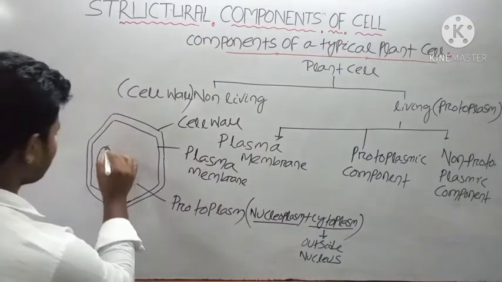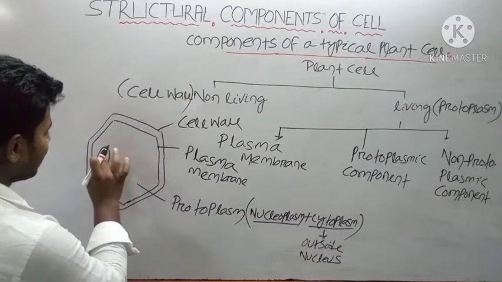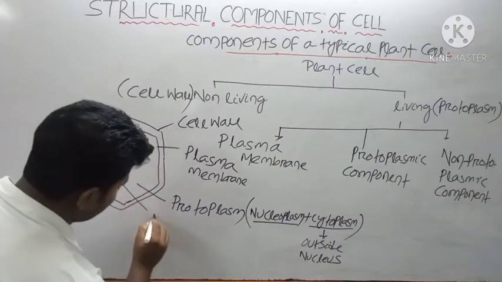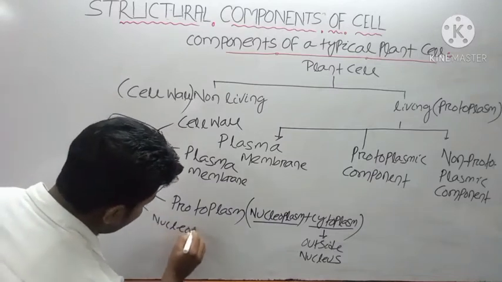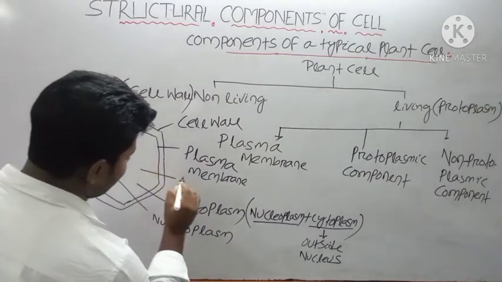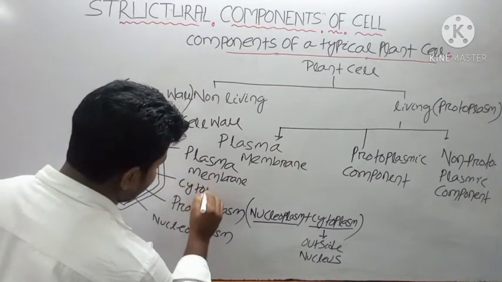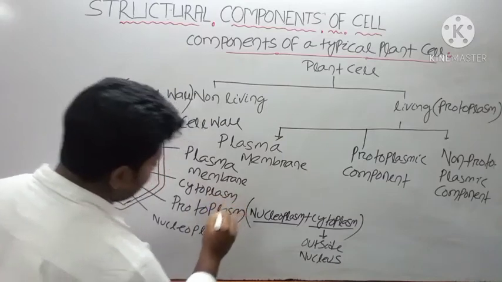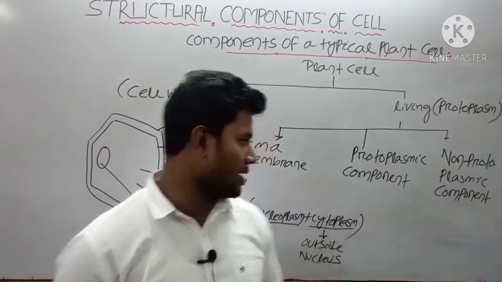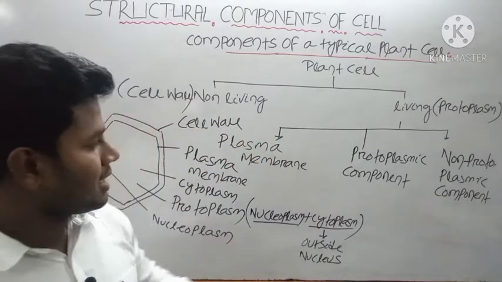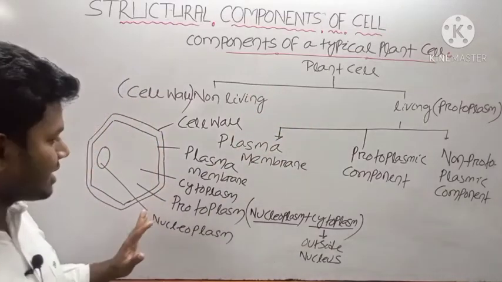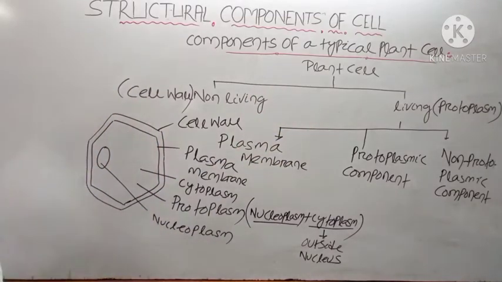Suppose this is your nucleus; the content here is known as nucleoplasm, and this fluid is known as cytoplasm. Now we are able to distinguish between protoplasm and cytoplasm. Write down these points and draw this diagram, then we will discuss the protoplasmic component.